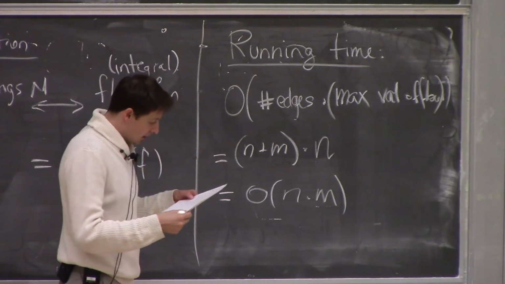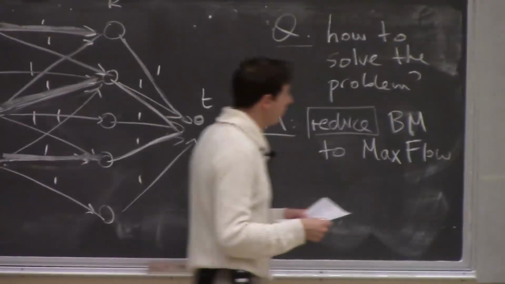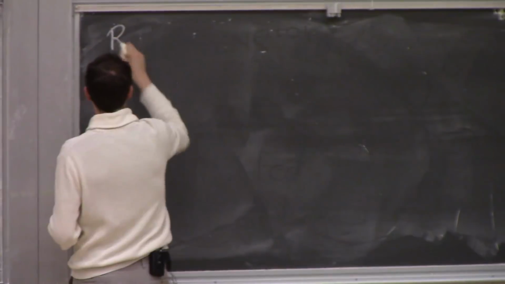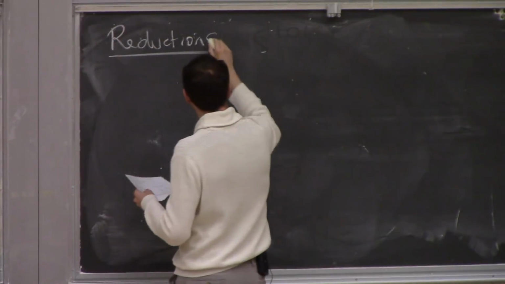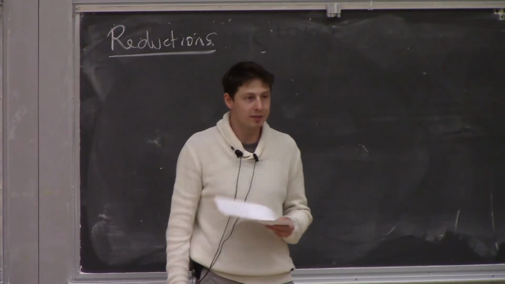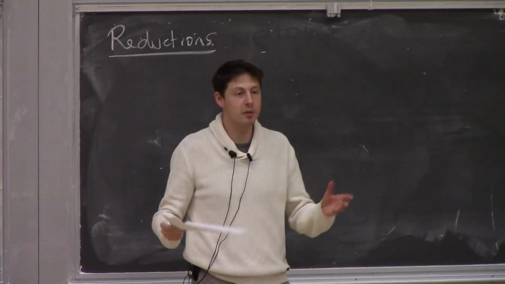So why did we talk about this today? First, it's a cute construction where you can use flows to solve a non-flow problem. But that's the theme of what we want to do the rest of today and for the next few lectures. We're going to talk about this notion of reductions, that sometimes a computational task is what we call expressive. It can be used to solve other problems.